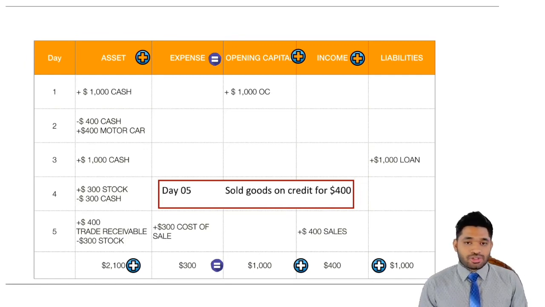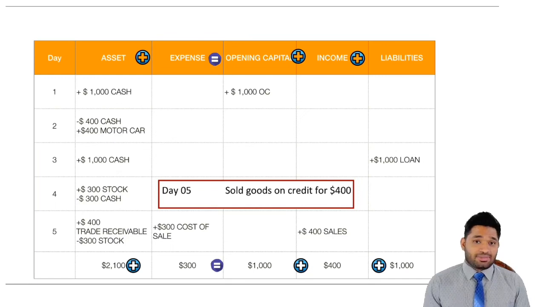Now when you sold goods on credit, you created trade receivables, so your assets are increasing by 400, which is your trade receivables, and your stock will also decrease by 300. Now this stock of 300 is the cost of the goods that you sold, so that is the expense of the sale, which means your expenses will increase by 300 as cost of sales.